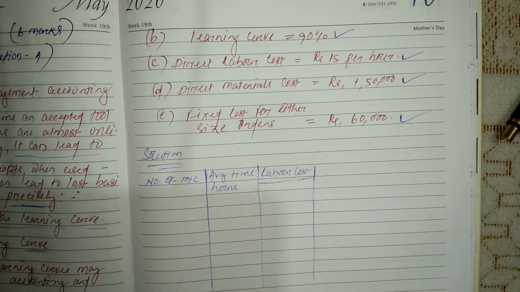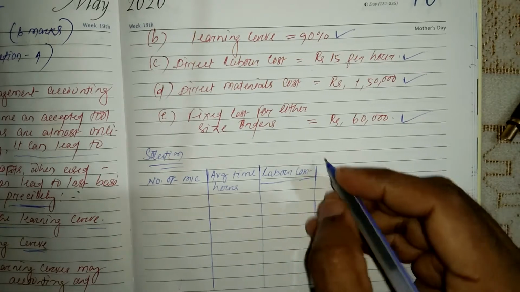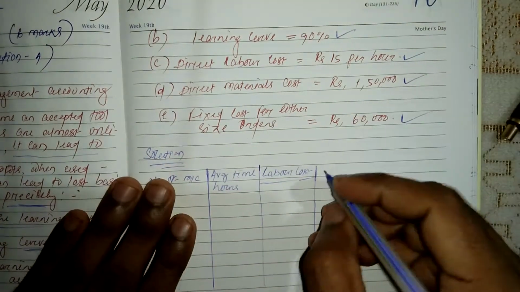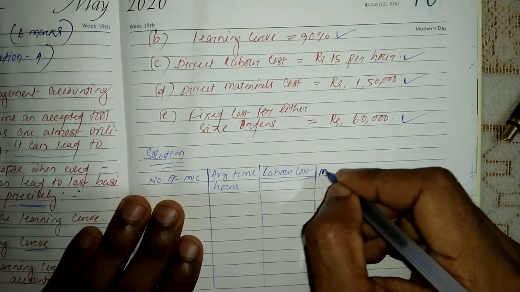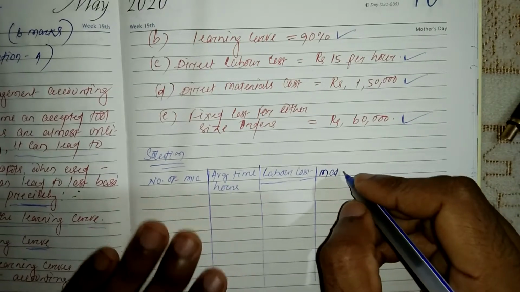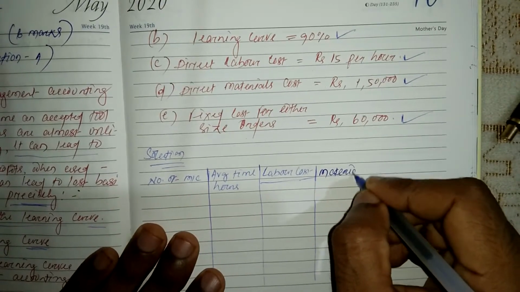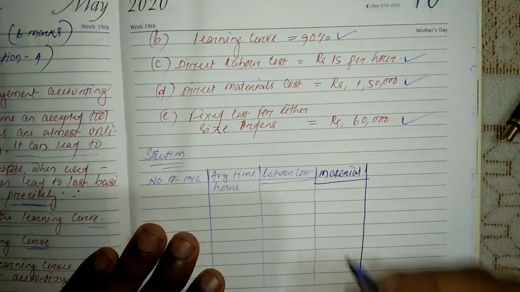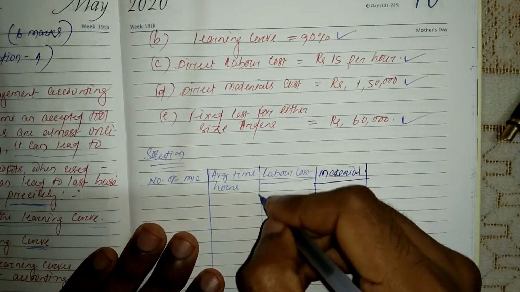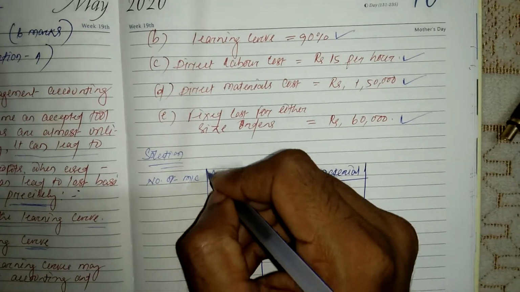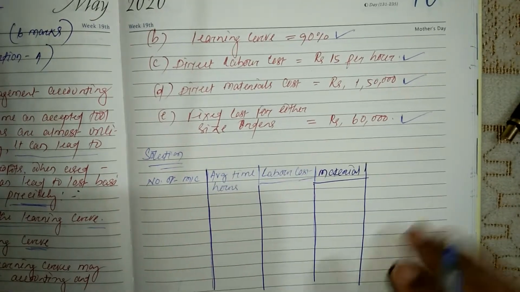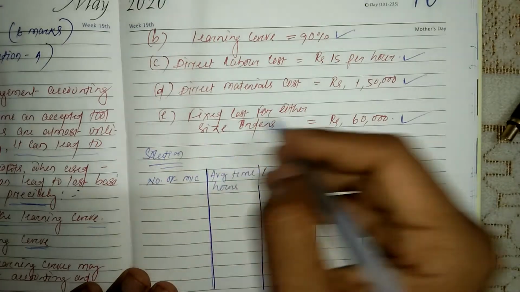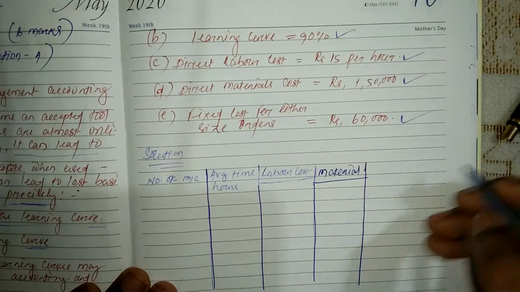Labor cost, and also direct material is given as 1 lakh. So material cost will be fixed. Again, fixed cost is given as 60,000.